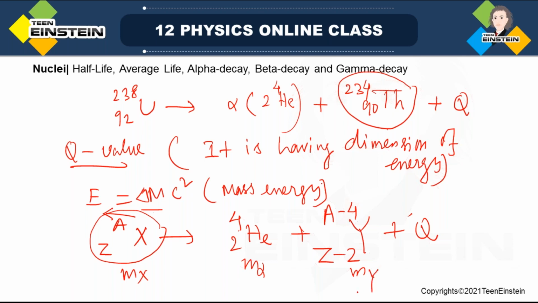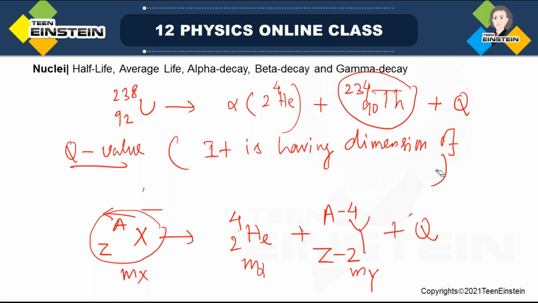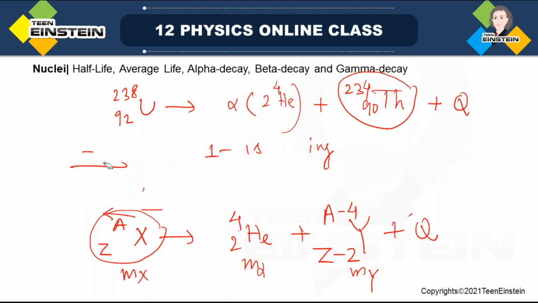Now if you take the difference of these masses, you have the parent nucleus mass mx, and the product masses m alpha plus my. This is the parent and this is the product.